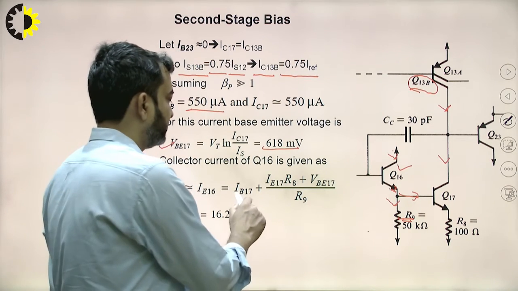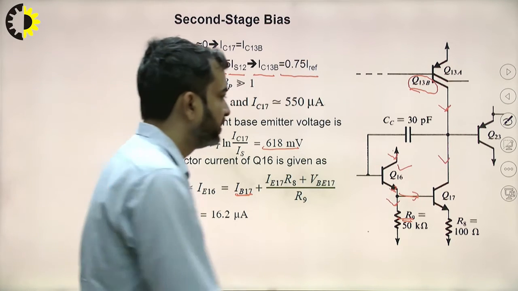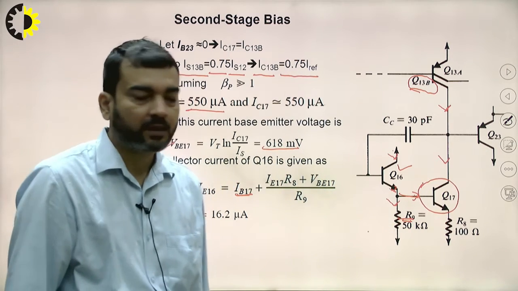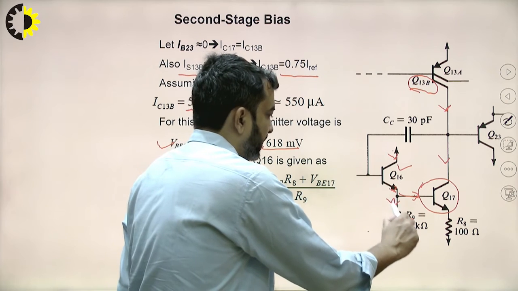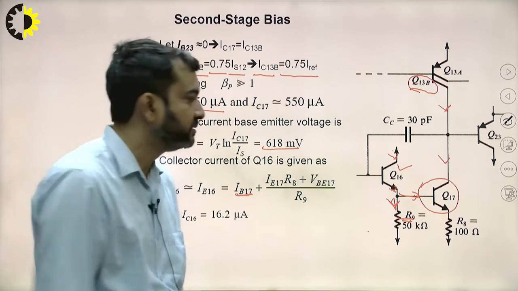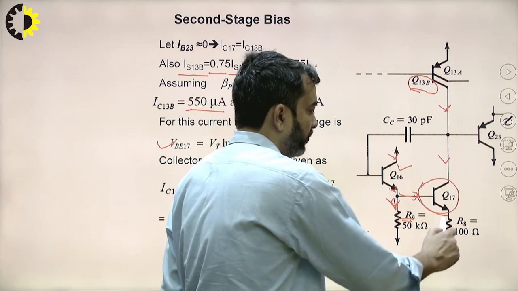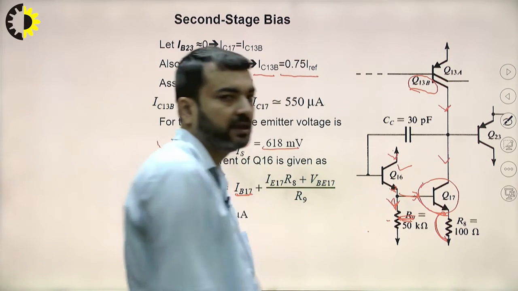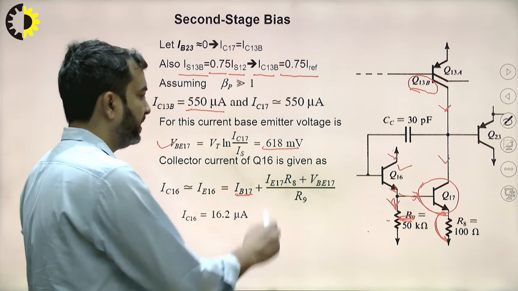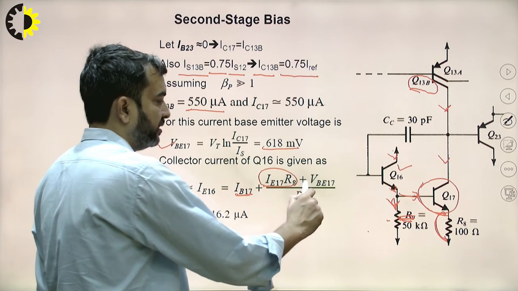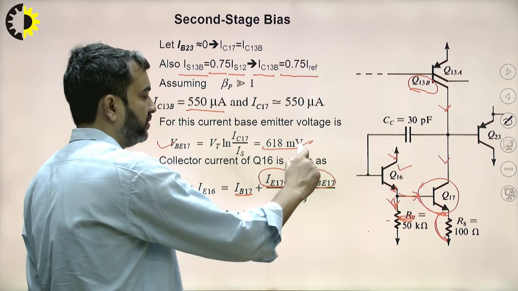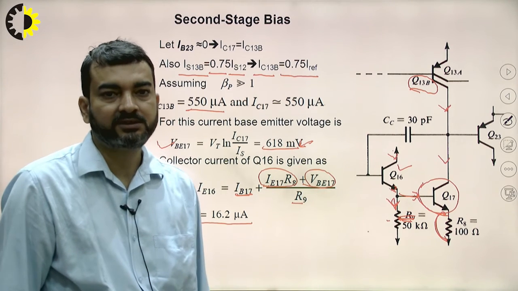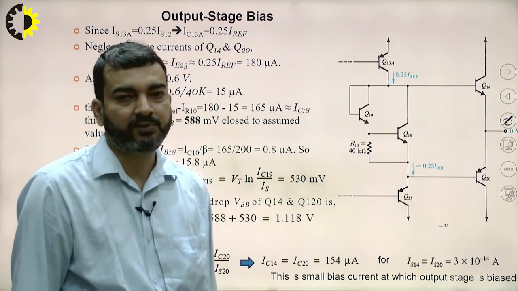The base current of transistor Q17 can be easily calculated: it is the collector current divided by the beta of this transistor. The current across resistance R9 is the drop across resistance R8 plus VBE17, which we have already calculated, divided by R9. So the collector current of Q16 will come as 16.2 microampere.